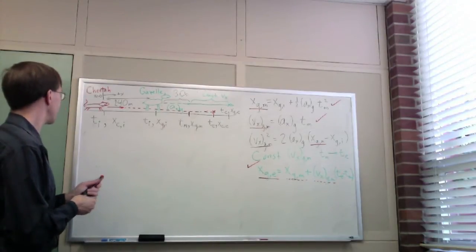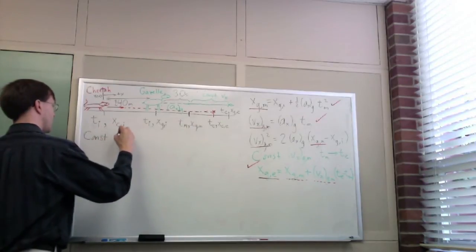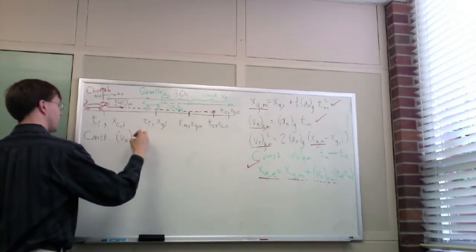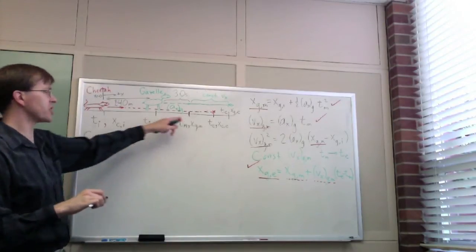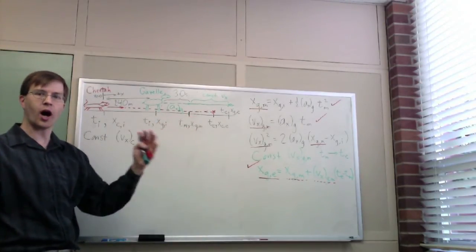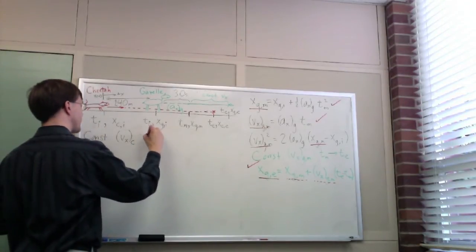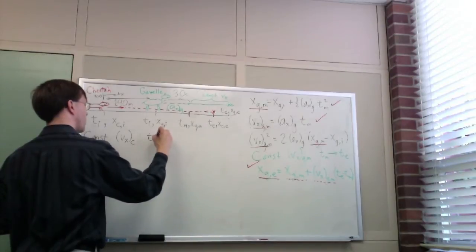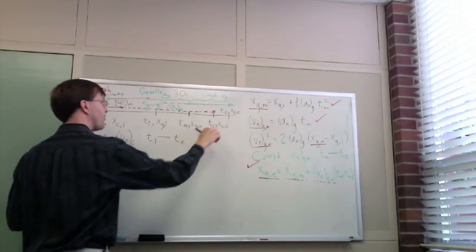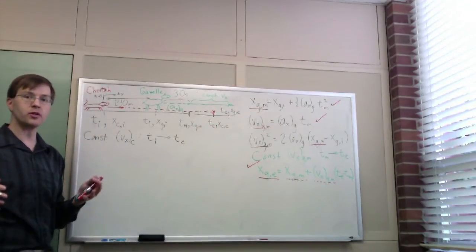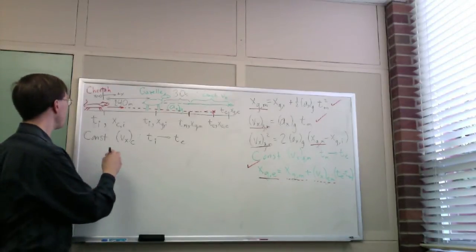For the cheetah, let's see, constant Vx cheetah, and here we don't care where the cheetah was when the gazelle reached maximum speed or anything. We can do this all in one whole calculation, going from my initial event, time initial as my initial time, all the way to the escape time as my final time. That'll be what we do for the cheetah, initial to escape. That's the whole story.